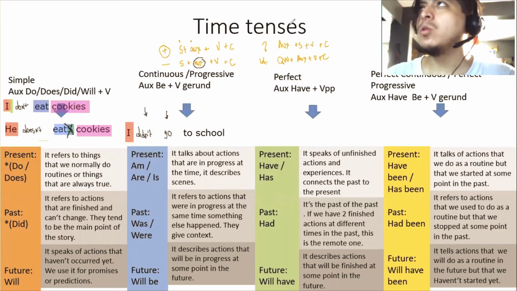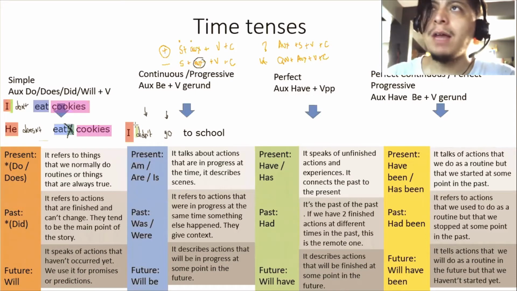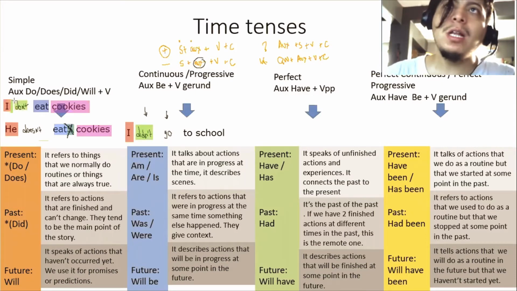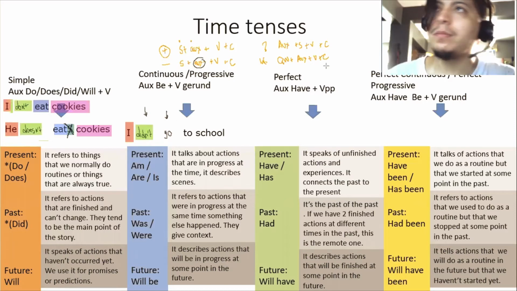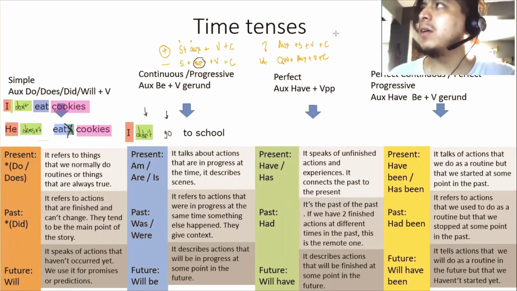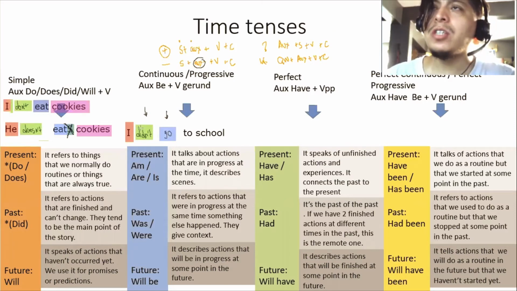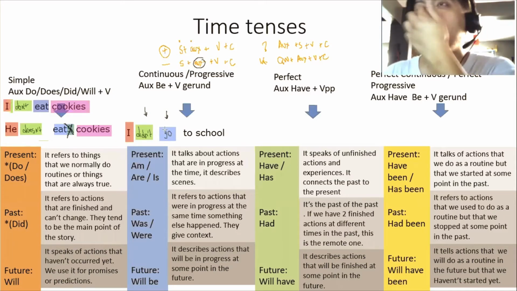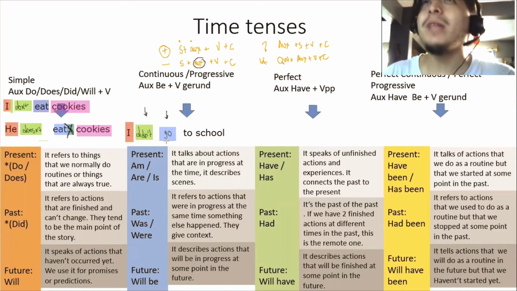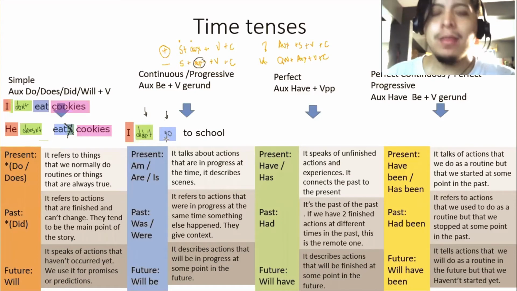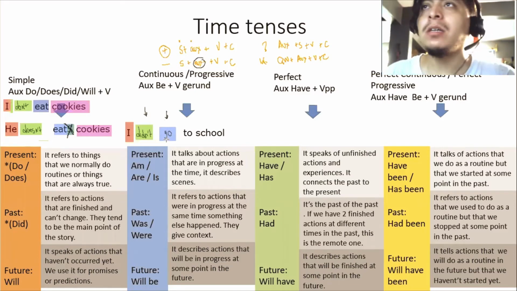I didn't go to school. Why did I do that? Again, very simple, because the auxiliary is taking the negative. If I have the auxiliary, the verb doesn't have to change. If I change, I didn't went will be like doing double past. And that's again redundant and unnecessary. You never say, I didn't went, okay?